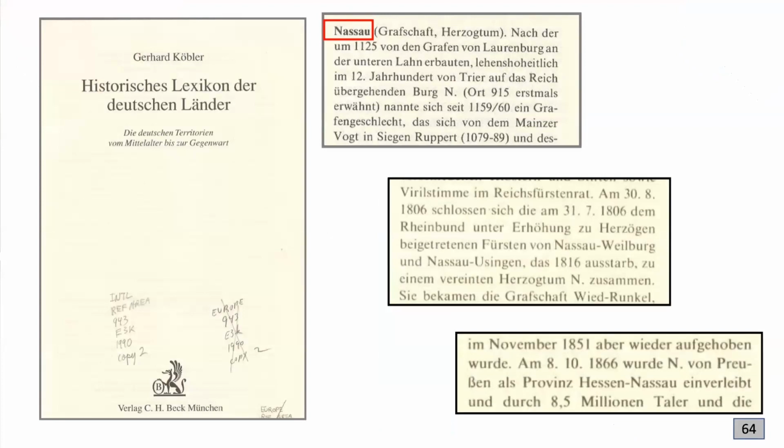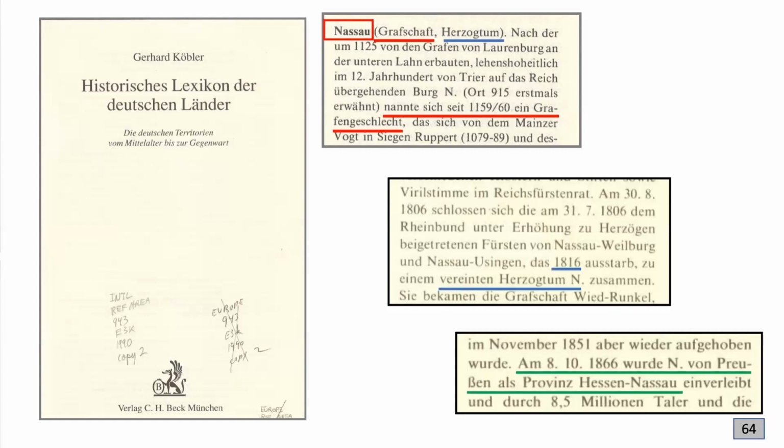With Nassau, it shows that it began as a Grafschaft or a county ruled by a Graf or count between 1159 and 1160. It then became a Herzogtum or a duchy ruled by a duke in 1816. And in 1866, it was joined with Hessen Kassel and became the Prussian province of Hessen-Nassau.